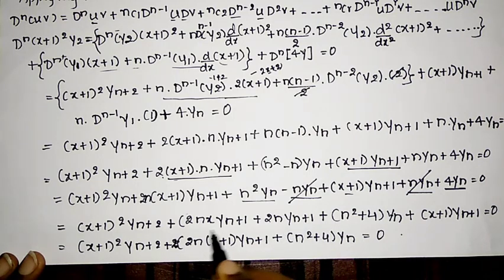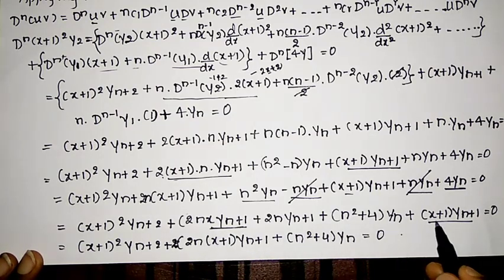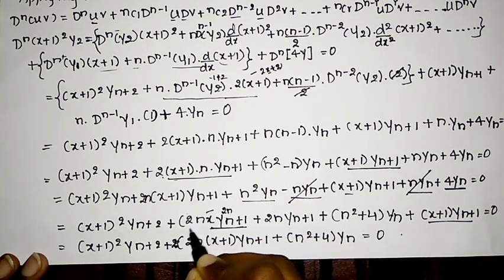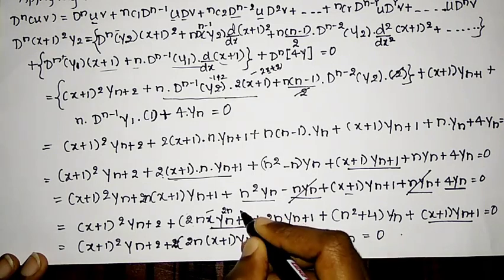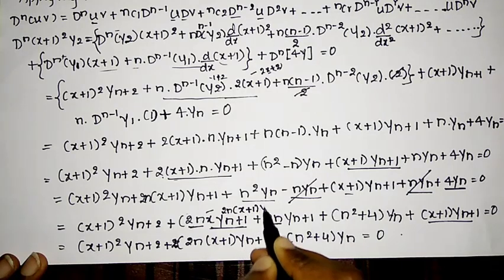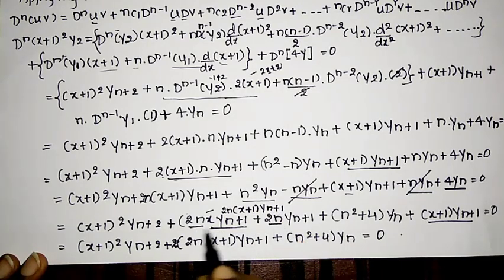We have just taken x plus 1 common, because if you take 2n outside, then it will be x plus 1 into yn plus 1. Since here also we have common terms, we have written it only once.